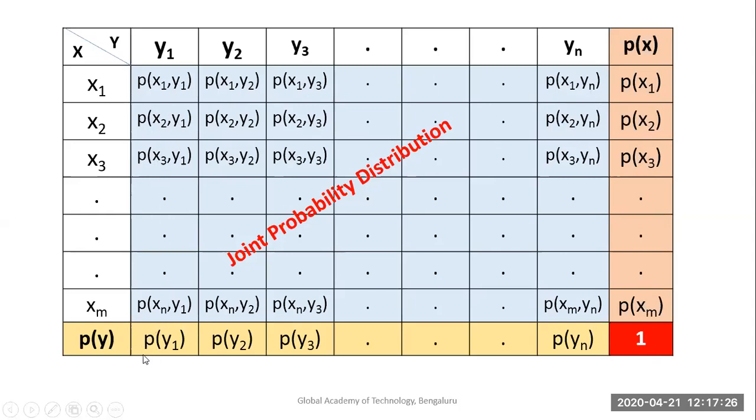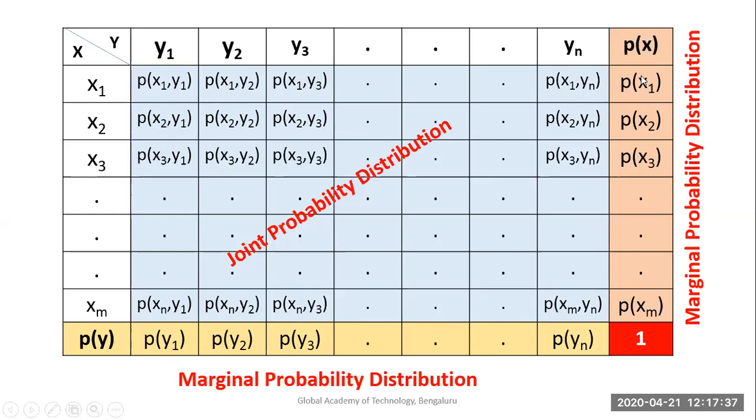This represents the probability that Y takes the value y1. So this is called marginal probability. Similarly for other values. So this last row and this last column represent the marginal probability distribution. The sum of this last row is also 1. The sum of all the marginal probabilities is 1. Similarly, the sum of this last column is also 1. So this is called the joint probability distribution table.